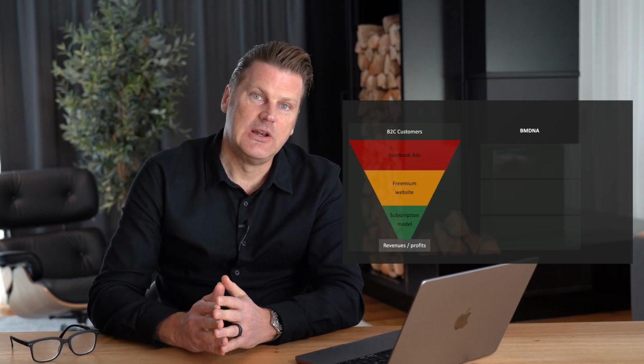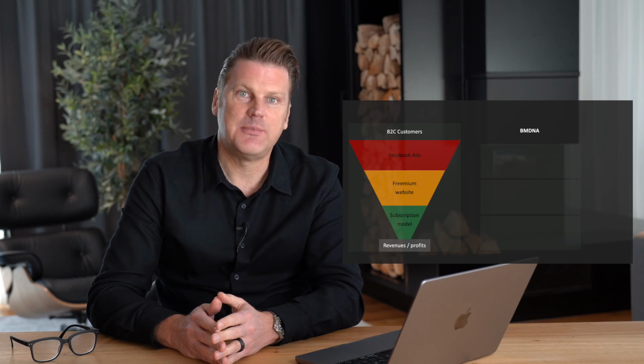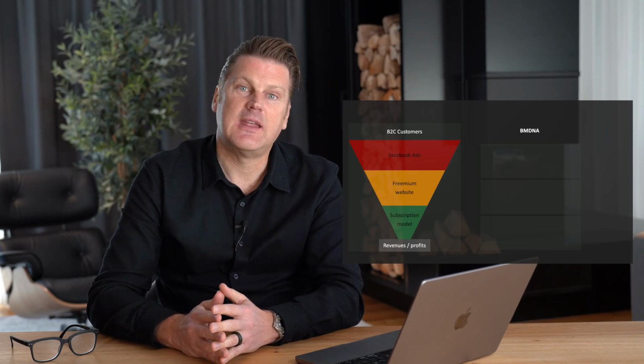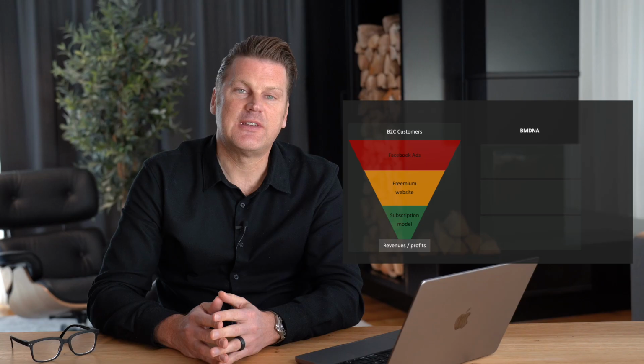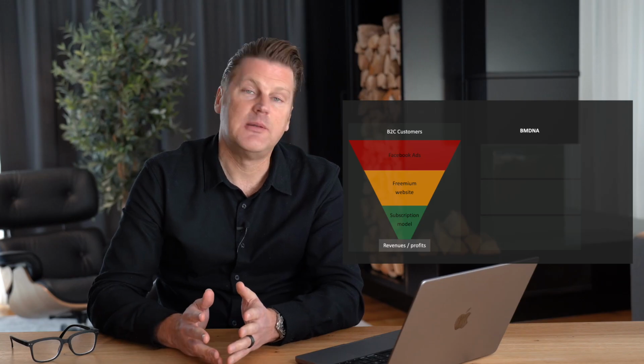So let's look at the business model DNA for that simple B2C example. We would start with the acquisition channel, which is Facebook advertisement. What metrics would you use? We would start with the resource metrics, which is in this case the budget.